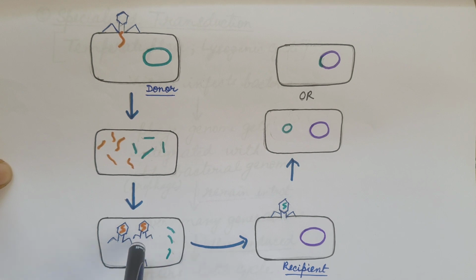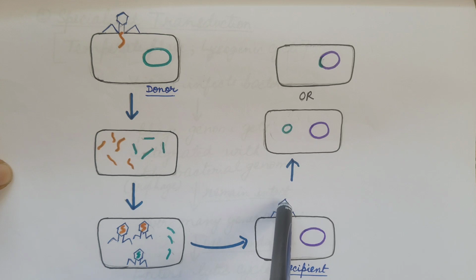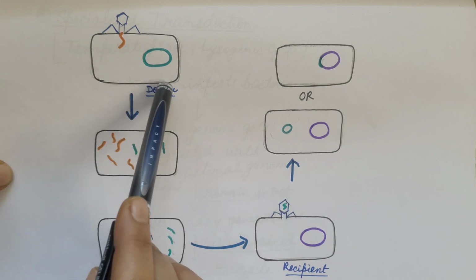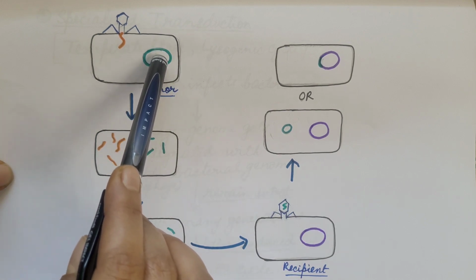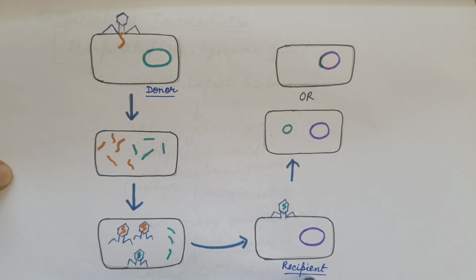Viral particles carrying the donor bacterial fragment, when they infect another bacteria known as the recipient bacteria, inject their genetic material into the recipient bacteria. So here, via bacteriophage viruses, a bacterial DNA fragment is transferred from the donor bacteria to the recipient bacteria.